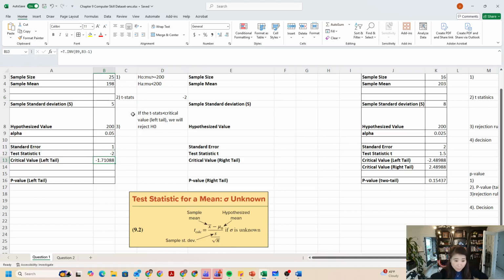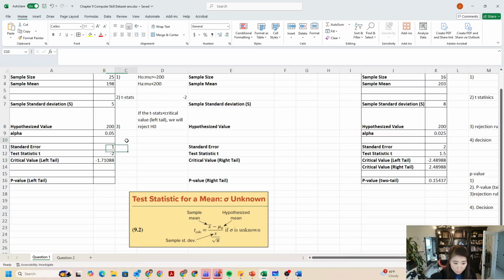Now let's compare. The t-stat we calculated is -2, and the critical value based on the left tail is -1.71. You can imagine that normal distribution. The t-stat is slightly smaller than the critical value, because -2 is on the left-hand side of -1.7.